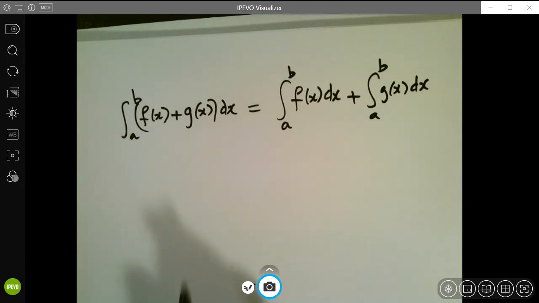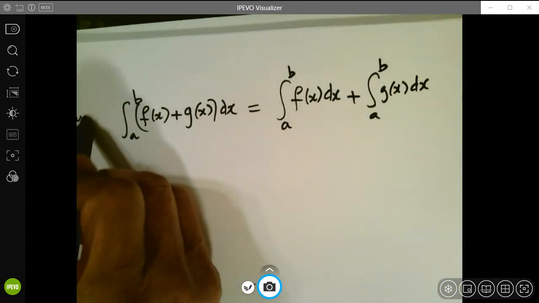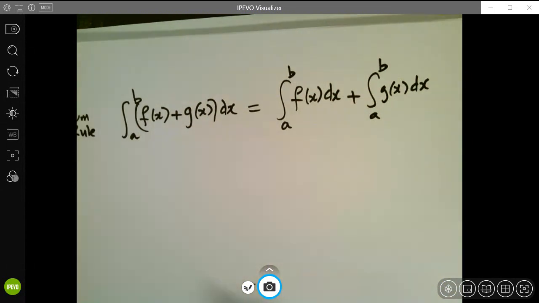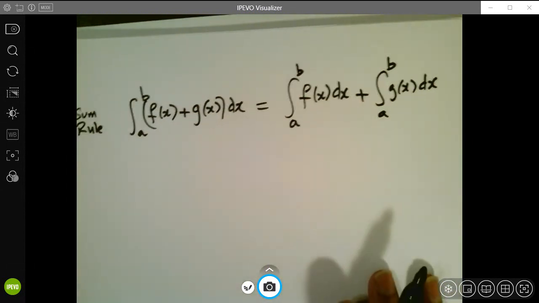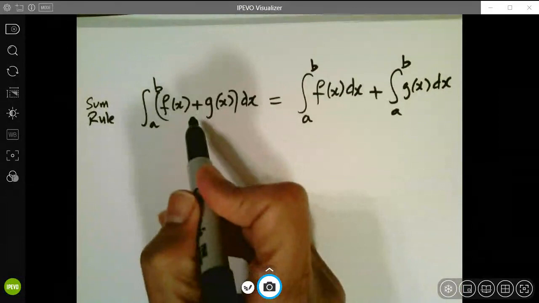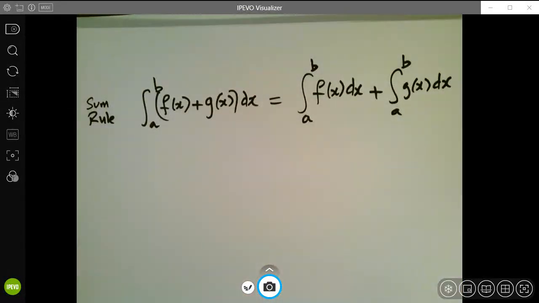Okay, it's linear, so it preserves the sum. Or difference. It could actually be the difference. You can have the integral of f of x minus g of x.